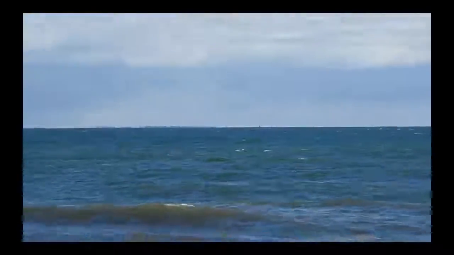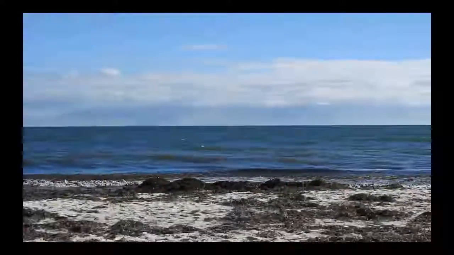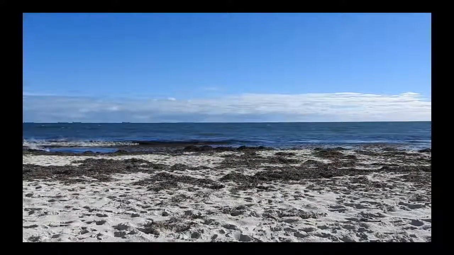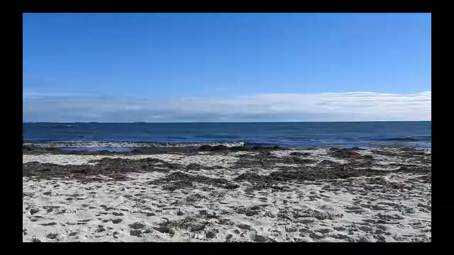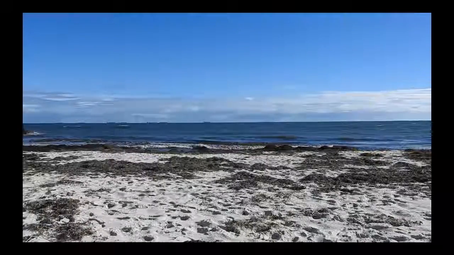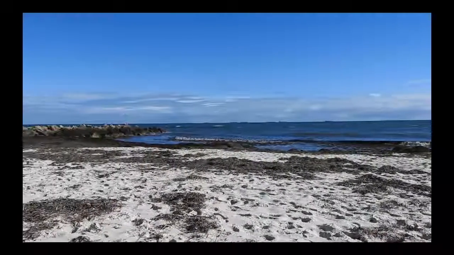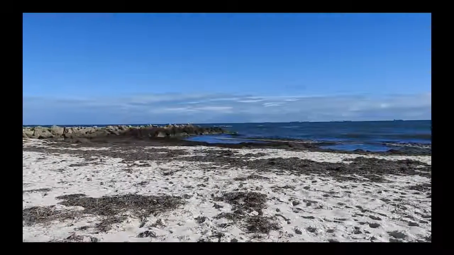And now let's zoom all the way out and pan around to confirm the location. And you can see by the people fishing, my elevation is about 2 metres.